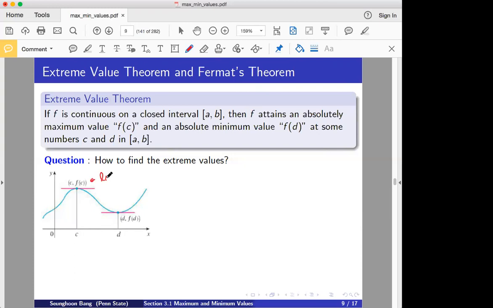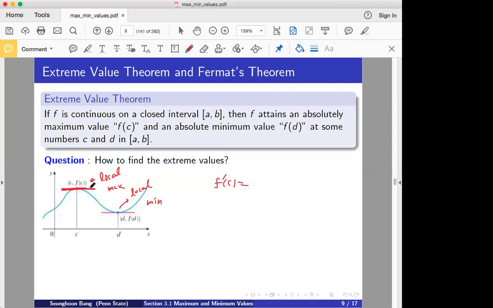Here, this is the local maximum, and this is the local minimum. What is f prime of c? 0, right? Yes.